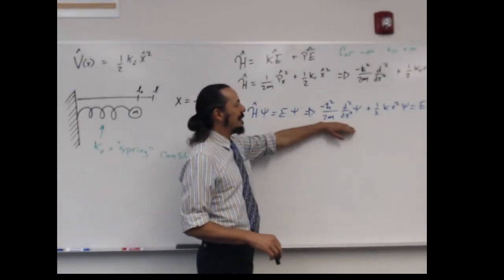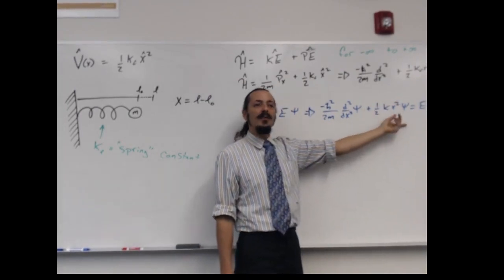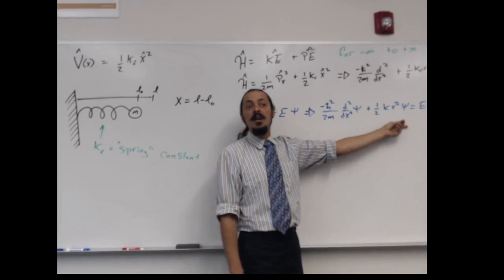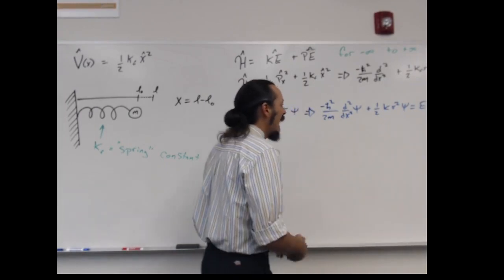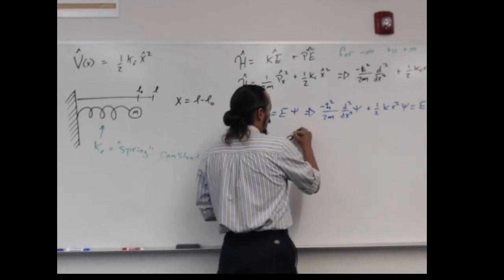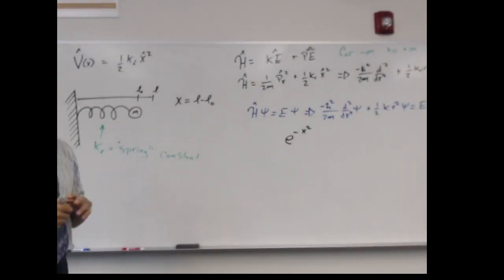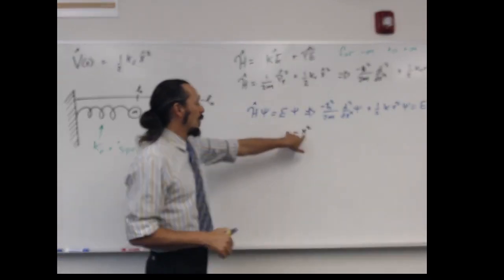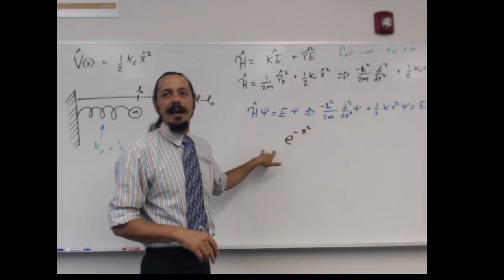We want something that when we take the second derivative, we end up with an x squared. So something when we take the first derivative, we end up with an x. We take the derivative again, we get another x. And so the type of function we might think of for that is something like e to the minus x squared. Right? If we take the first derivative, we're going to get a negative x over 2. Take the second derivative, we're going to get a positive x squared.